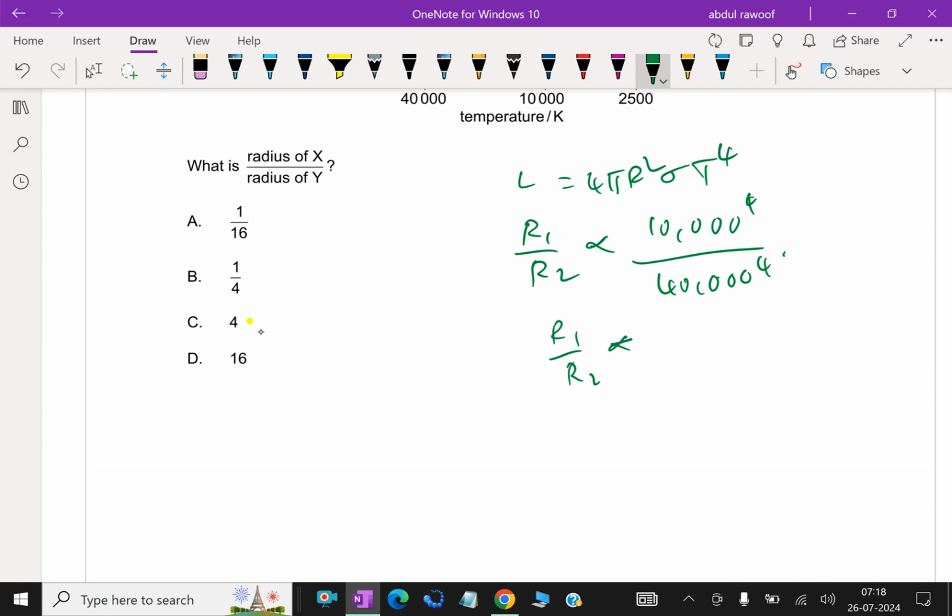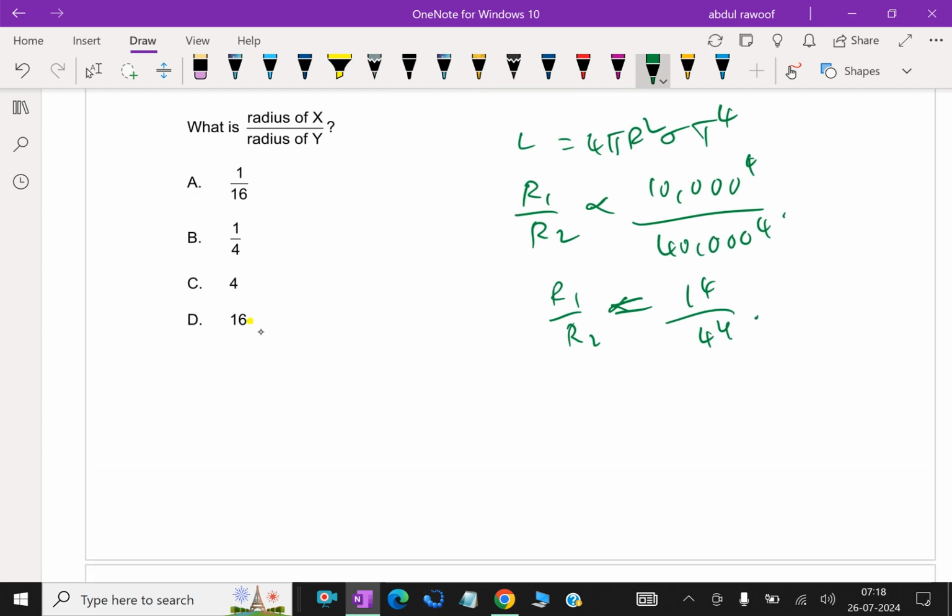Now I can write it as the ratio 1 power 4 by 4 power 4, that is the square here.